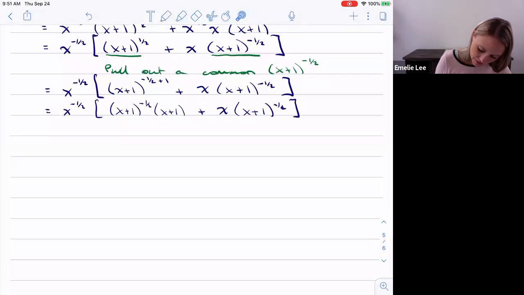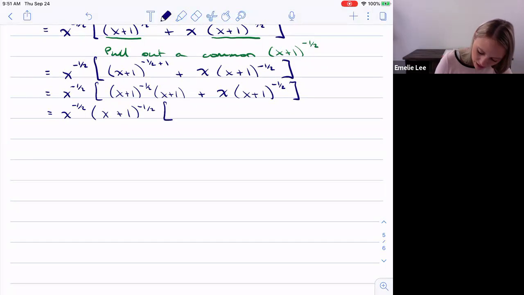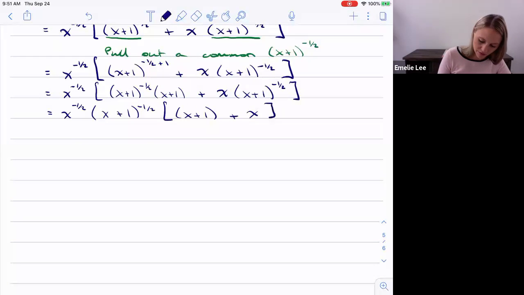Now I can pull this out, x plus 1 to the negative 1/2, from both terms. So now I have x to the negative 1/2 times x plus 1 to the negative 1/2 times [x plus 1 plus x], because I've pulled out everything else.